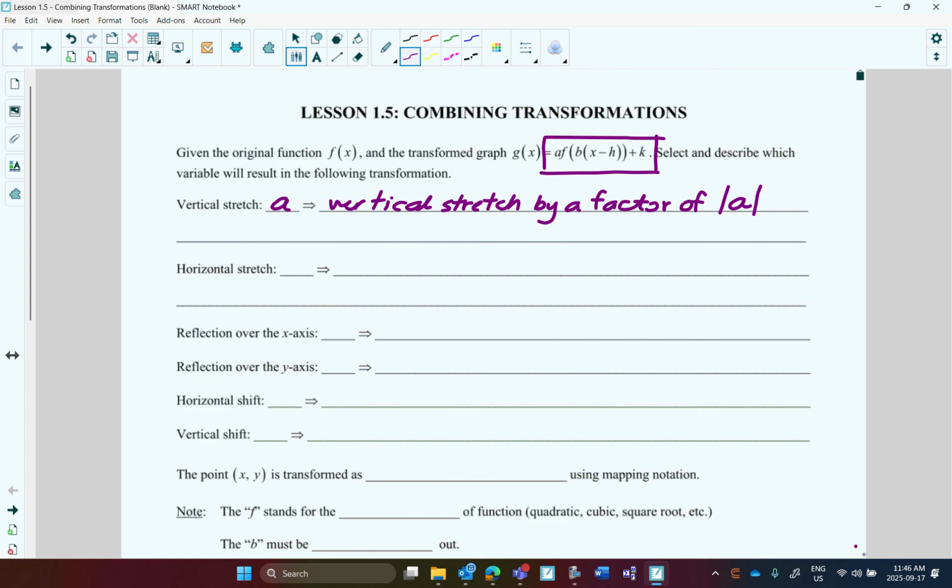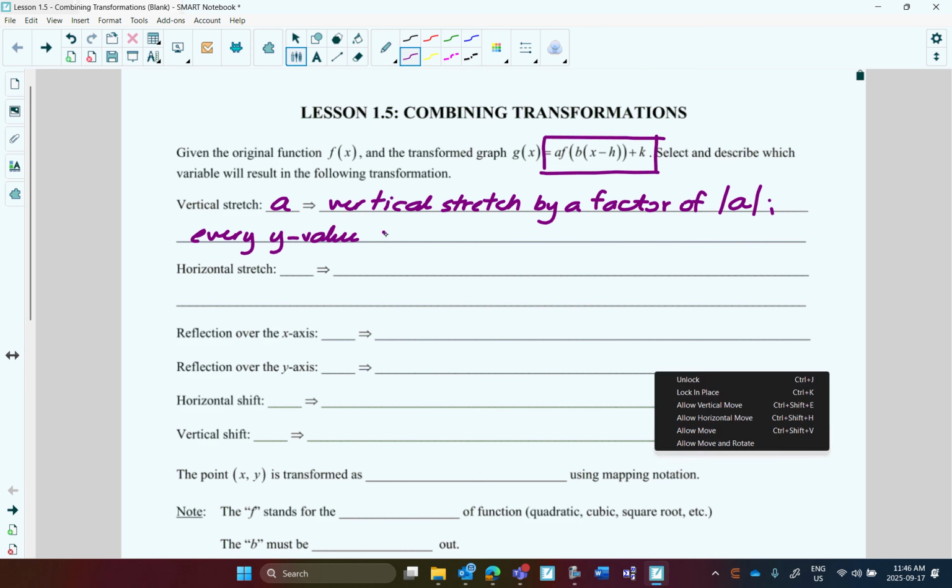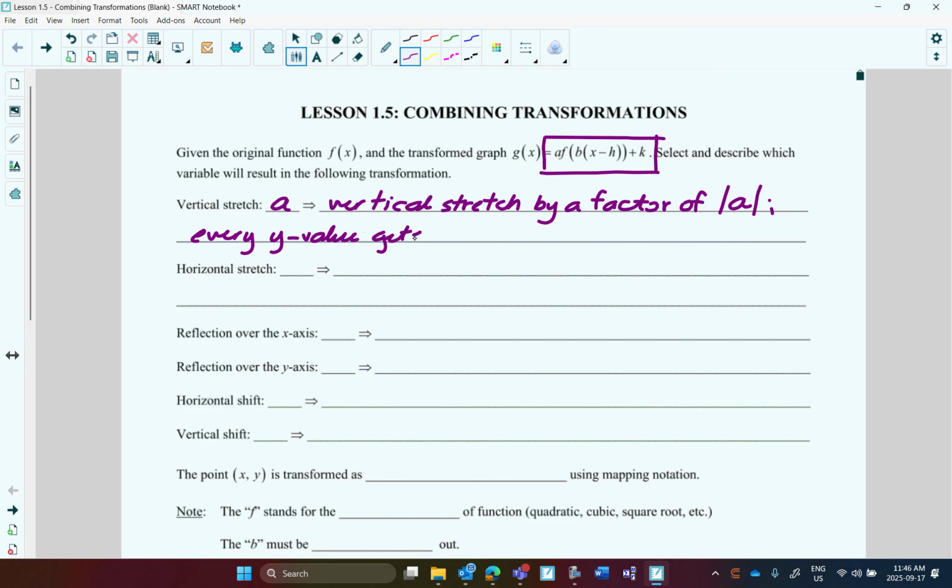Negative means a flip, which we'll address a little bit later. And what this also means, every y value in the original function gets multiplied by whatever the value of A is without the negative.